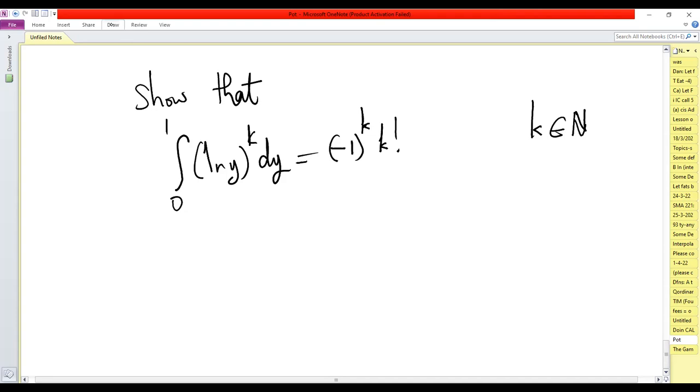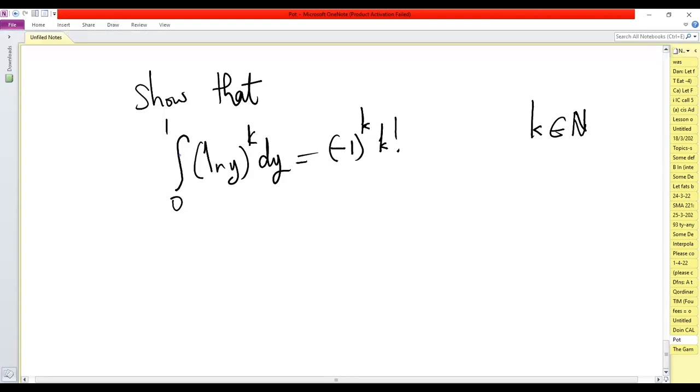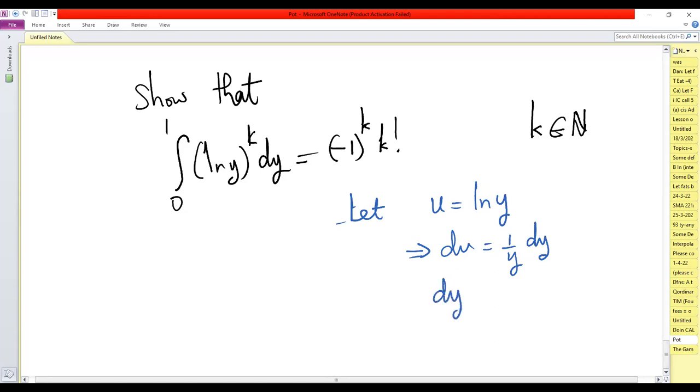Now, to be able to solve this, we make some substitution. So we let u be ln of y, which means that du is 1 over y dy. So which means dy alone will be given by y du.